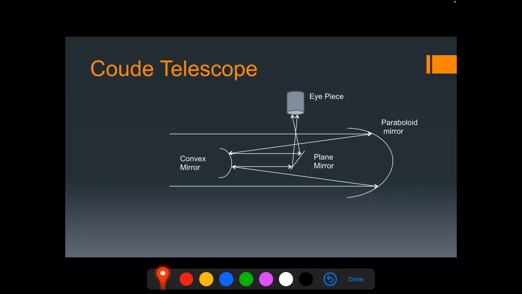So the size of the telescope becomes compact, and it is easy to handle. This is the third type of telescope that we have studied today, the Coude telescope. These are the different types of reflecting telescopes which are widely used for observational purposes in astronomy.